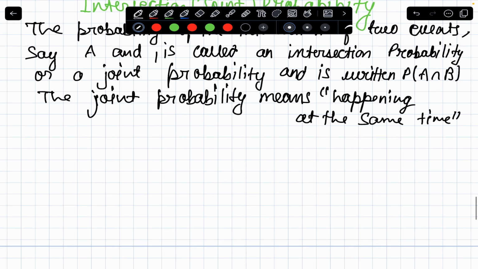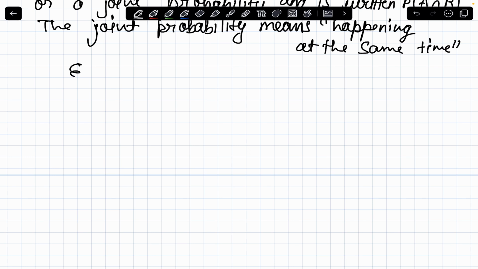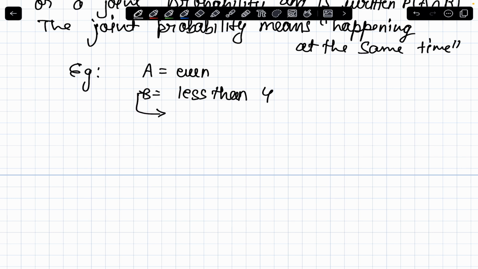Let's understand with an example. We have event A, which says even numbers, and event B, which says less than 4. So what are the sets for it? For B we have the set 1, 2, 3.